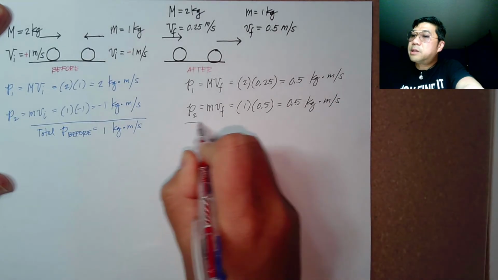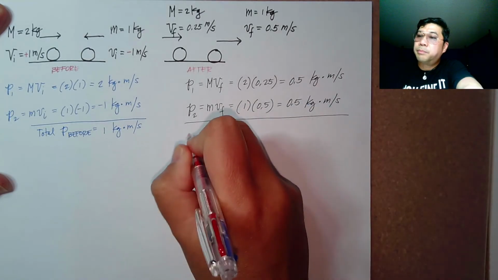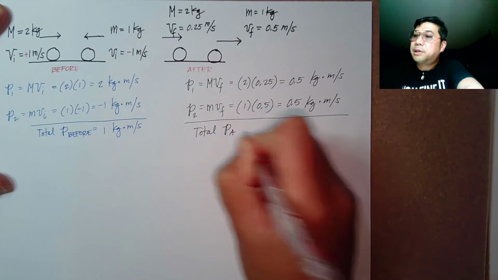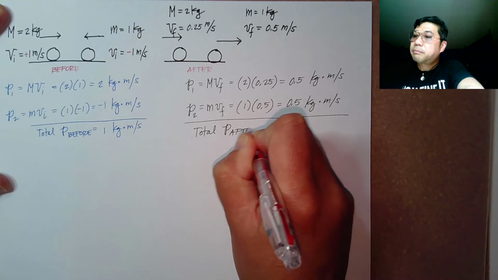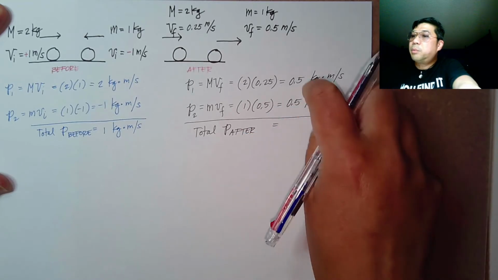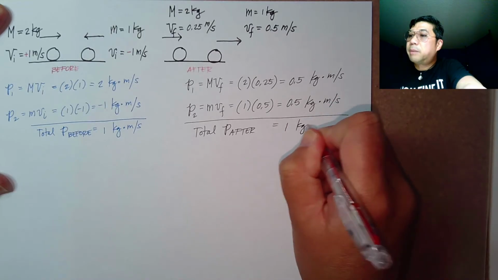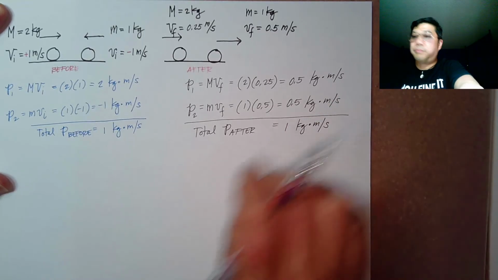As we take the sum, this is our total momentum after collision. 0.5 plus 0.5 is definitely 1 kilogram meter per second.